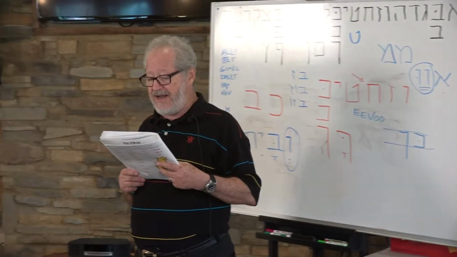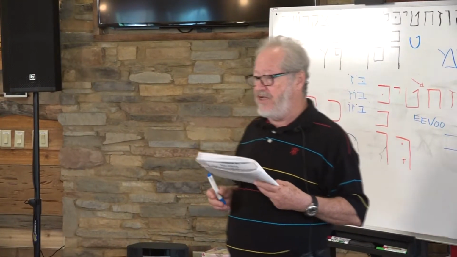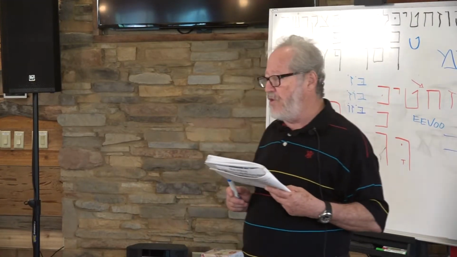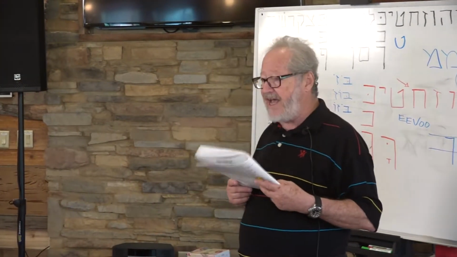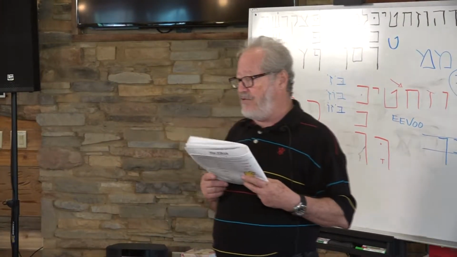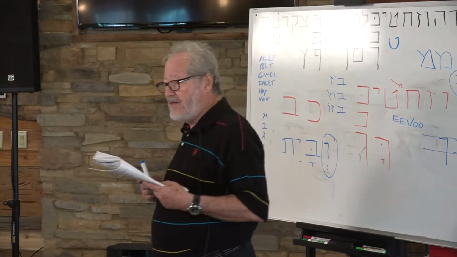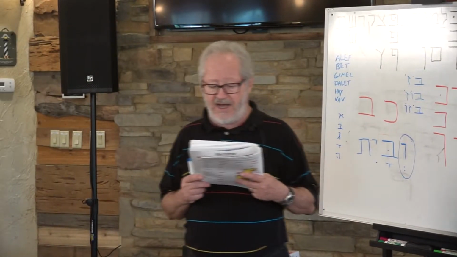The next word is, what do we have? The first letter is what? It's a chet. Until you know them all, I'll just tell them to you. Eventually, in a couple of more lessons, most people here will know the alphabet. So for now, I'll tell them. So the first letter is a chet. What's under the chet? It's a tzedei. What sound does a tzedei make? A. So with the A, it's chay.